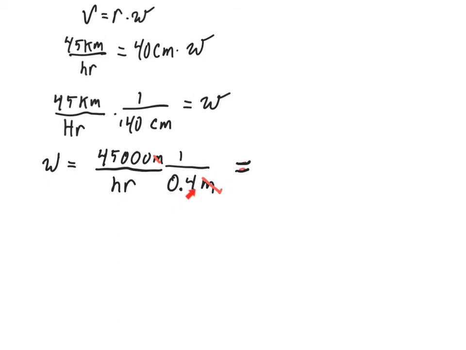I'm dividing by 0.4. So in order to make the division doable, I'll multiply and divide by 10, make this 10 times bigger, make that 10 times bigger, and I'll wind up with 45 followed by 4 zeros, divided by 4 times 1 over 1 hour. Eventually I'm going to have to convert from hours to seconds, but let's do this first.